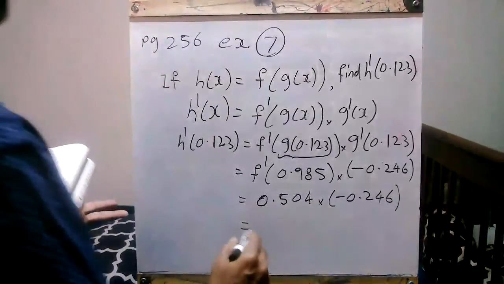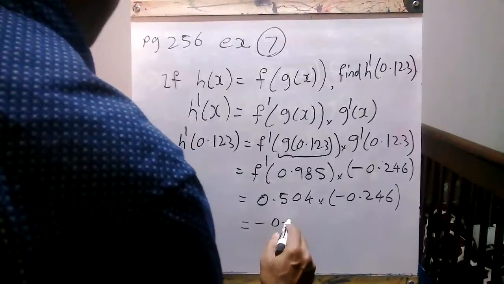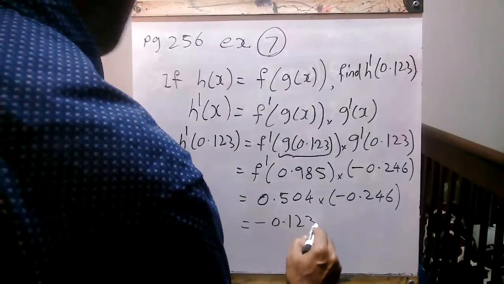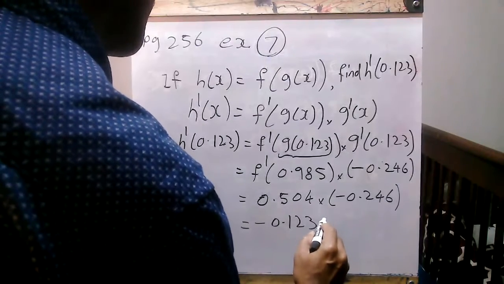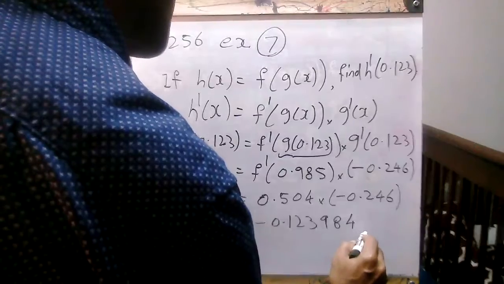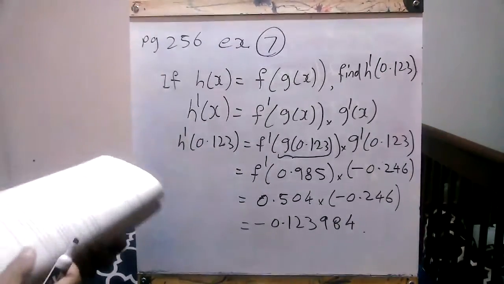Multiply these two, we get negative 0.123984. Alright.